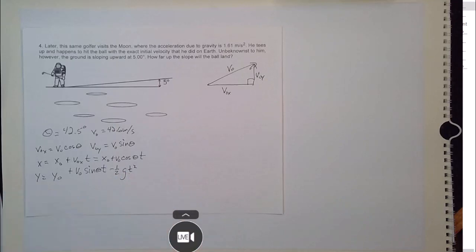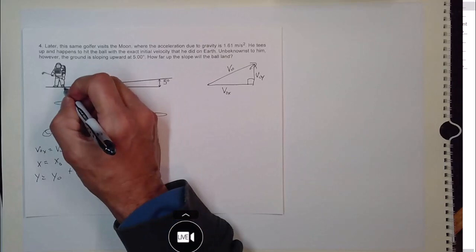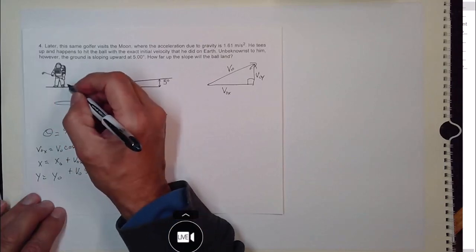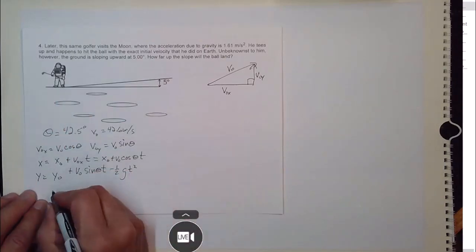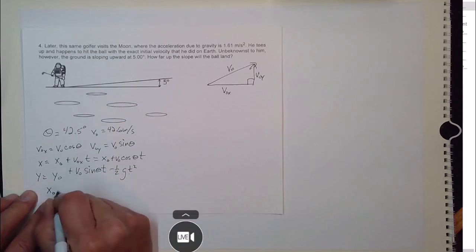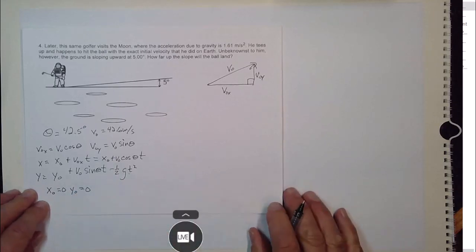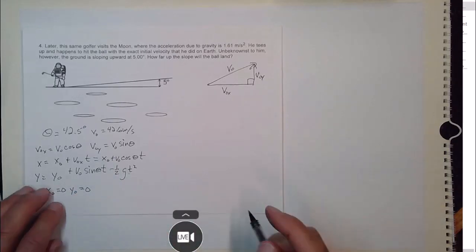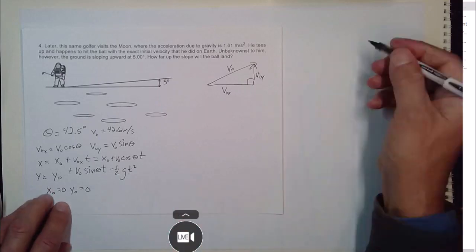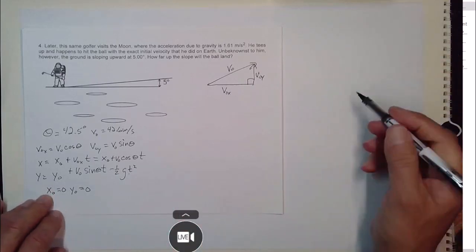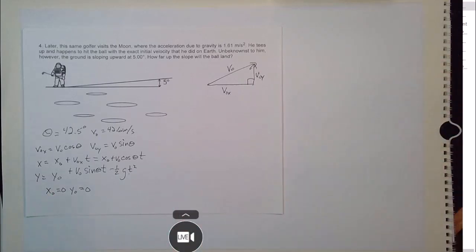And for this problem, I'm going to let the launch point of the golf ball be the origin. So x naught is going to be 0 and y naught is going to be 0. I'm trying a new layout here where if I start running out of room, I can move over and finish solving the problem over here. We'll see how that goes.